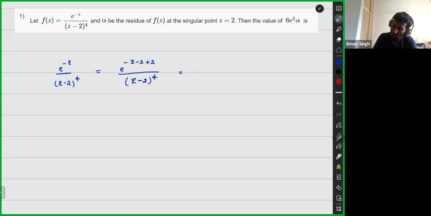So this can be further written as e to the power minus (z minus 2) minus 2, over (z minus 2) to the power 4.